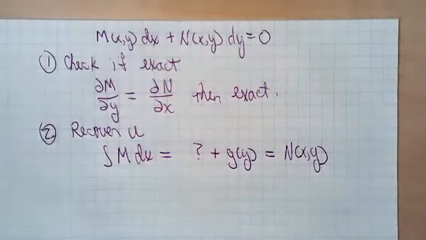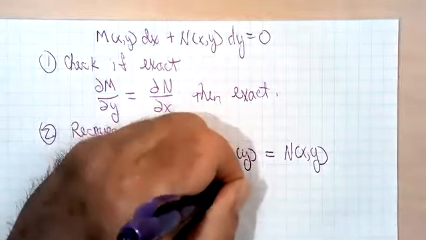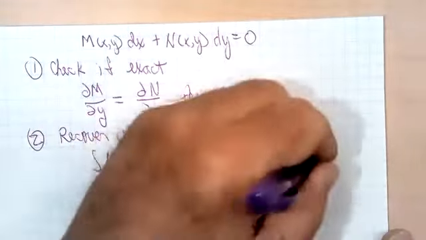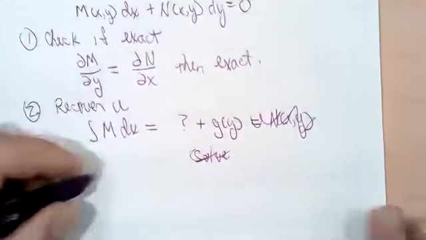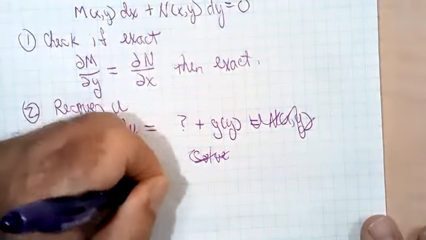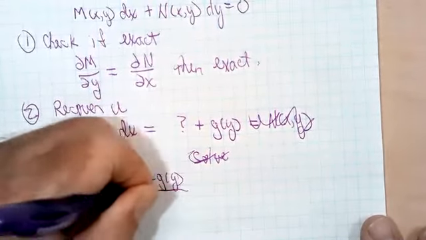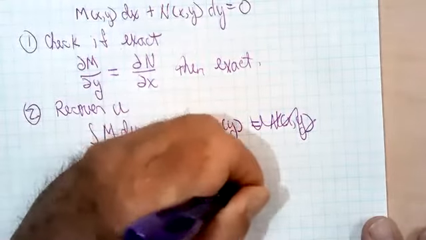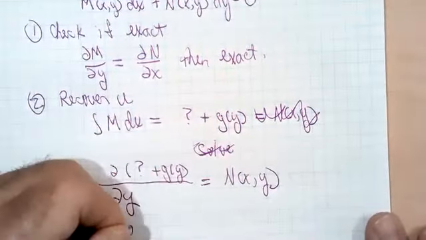I said this wrong: you take the partial of this thing you just computed with respect to y, and that equals N of x,y.